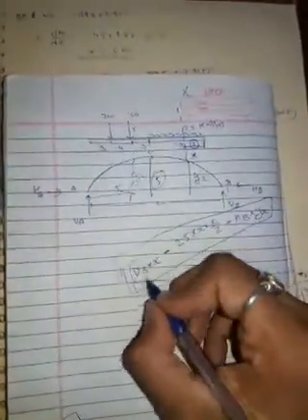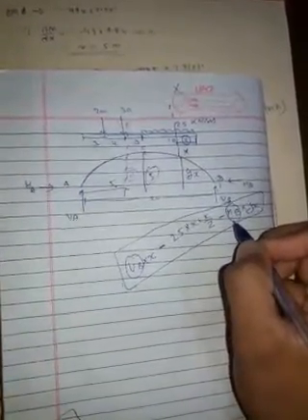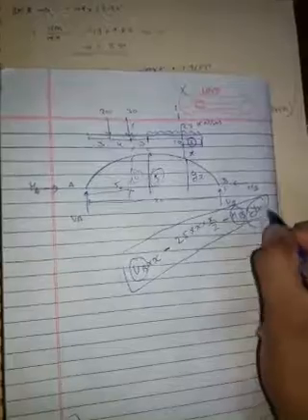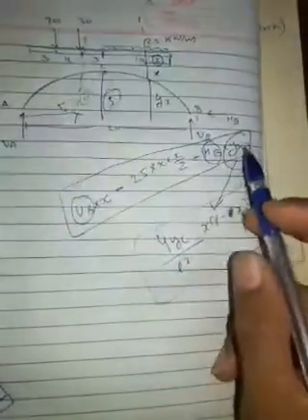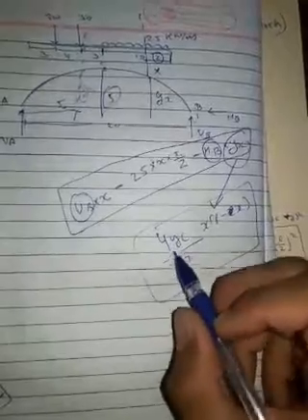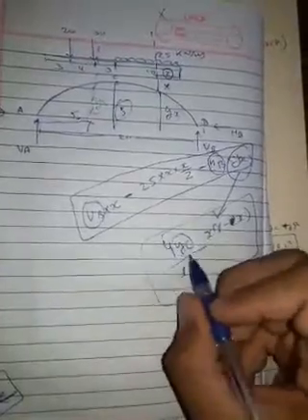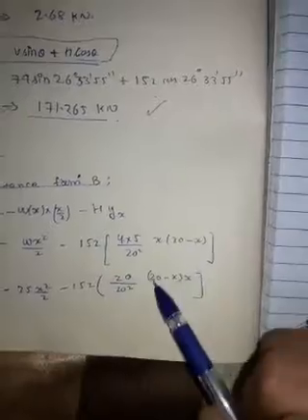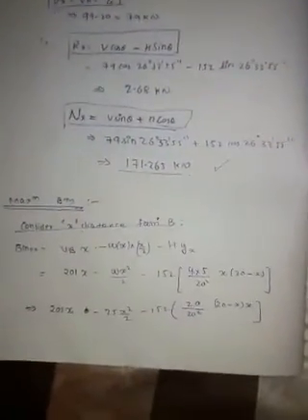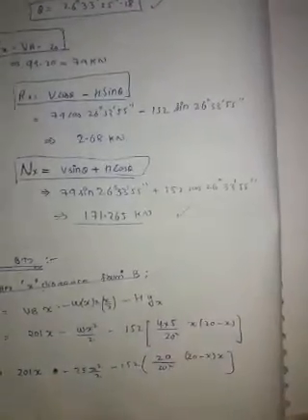We know the value of VB, and we know the value of the horizontal thrust. We also know the value of Yx. From where? Yx can be calculated from this equation: 4yc upon L square, x into (L minus x). Here yc is 5 meter, L square is 20 square, x into (20 minus x), and VB is equal to 201 kilonewton, W is equal to 25 kilonewton.